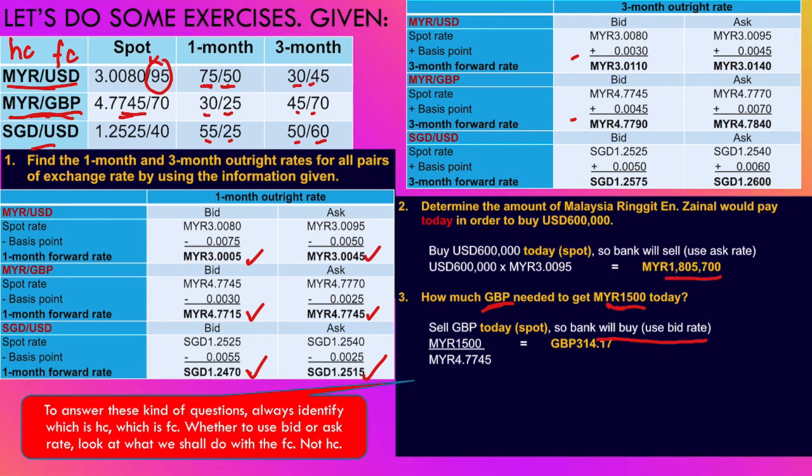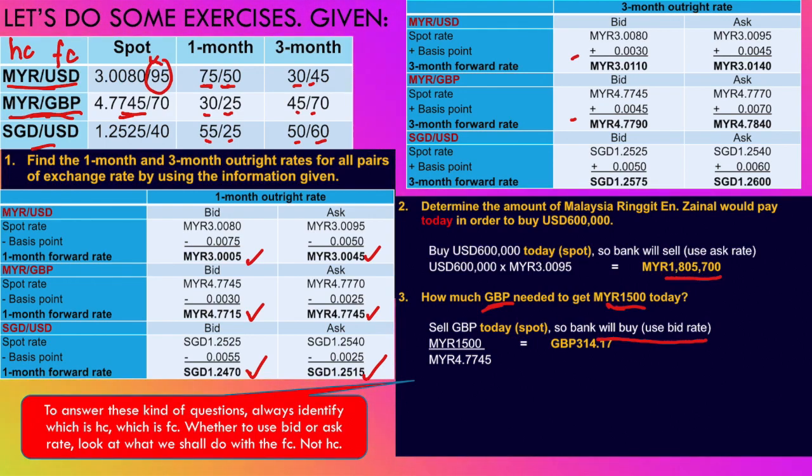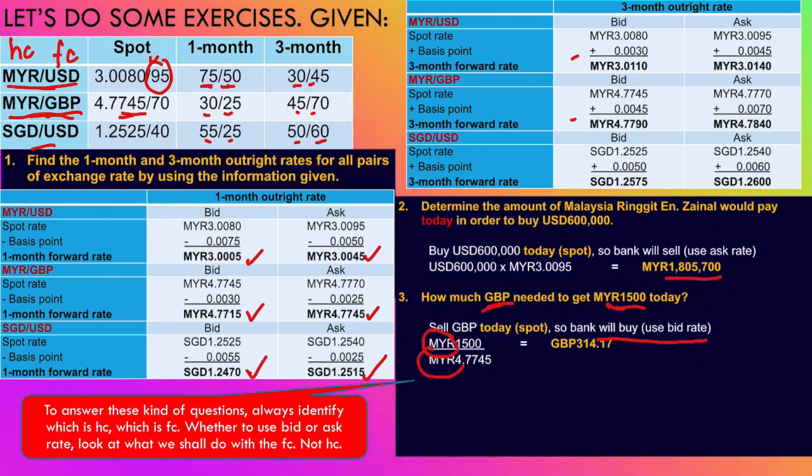So Malaysia ringgit 1,500 divided by 4.7745 equals to GBP 314.17. So here to convert Malaysia ringgit to GBP, we have to divide. Okay, so GBP 314.17.